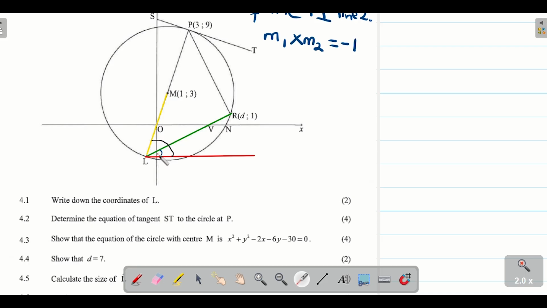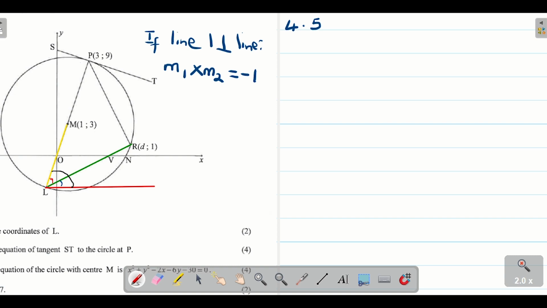These two angles can help us get the angle we are looking for, which is this one. If we take the angle formed by the horizontal and line LM, this is called the angle of inclination formed by line LM. If we take it and we minus the angle of inclination formed by line LR, then we're going to find angle L.